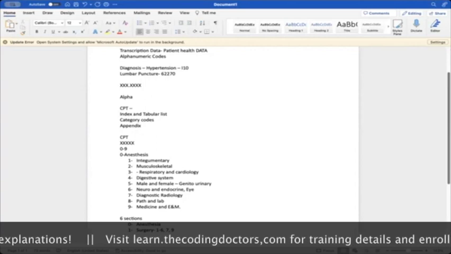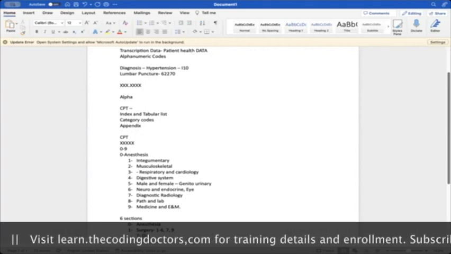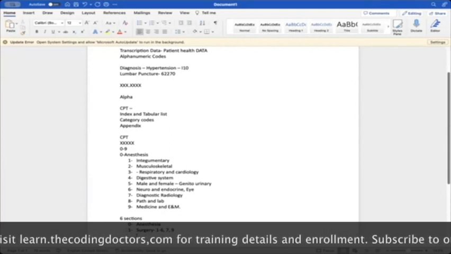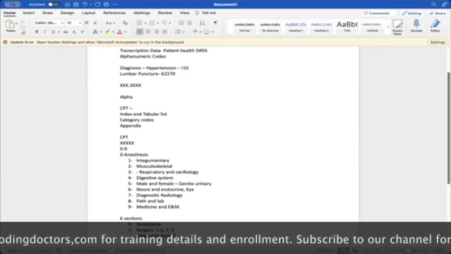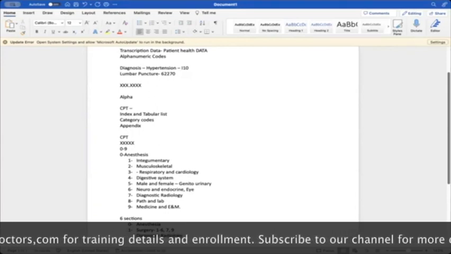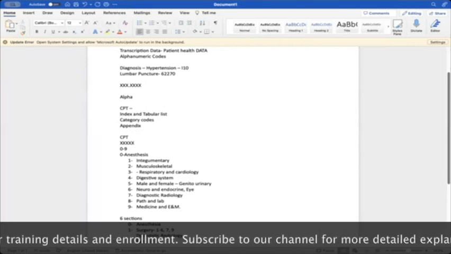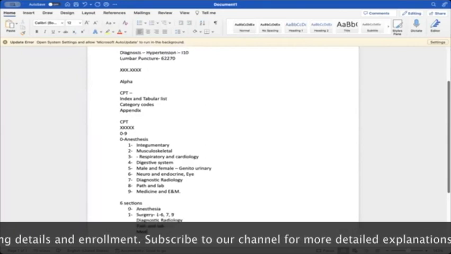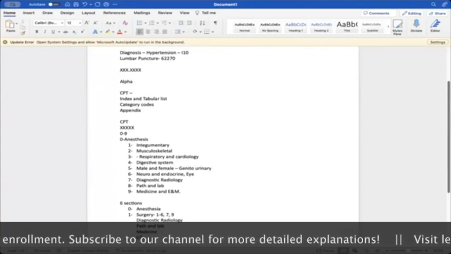Then after surgery, diagnostic radiology. After that, path and lab. Then medicine section. Then evaluation and management. That is called E&M.